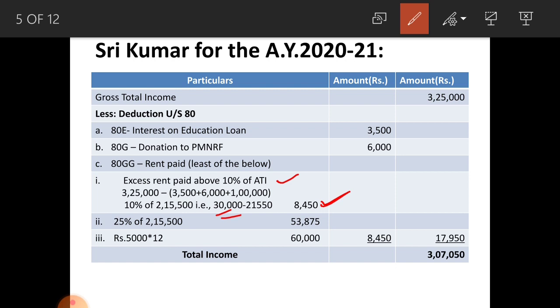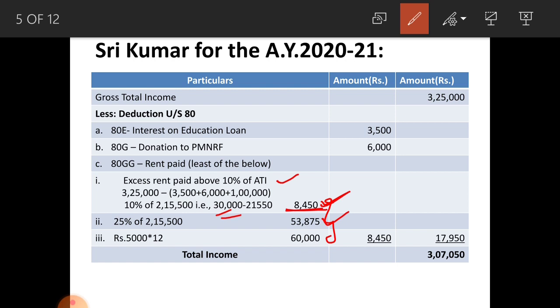Next, second one, 25% of adjusted total income 2,15,500 amounts to rupees 53,875. Next, third one, 5,000 per month, that is for 12 months 60,000. Whichever is less you have to consider. Here 8,450 is less, that is why you have to consider this for deduction under section 80GG.